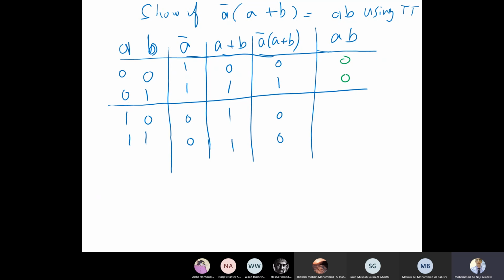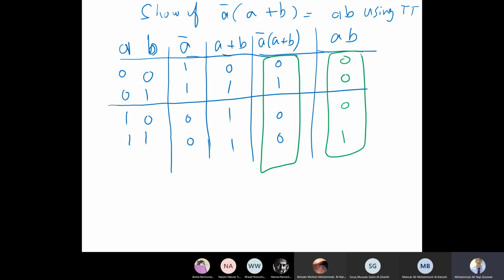Let me just check this. 0 and this is 1. A or B, check if it's correct or not. Yes, correct. So 1 and 0 is equal to 0, and 1 and 1 equals 1. So when you compare this with this, they are not equal. 0 0, okay, correct. 0 1, no. 0 0 correct, and 0 1, no.